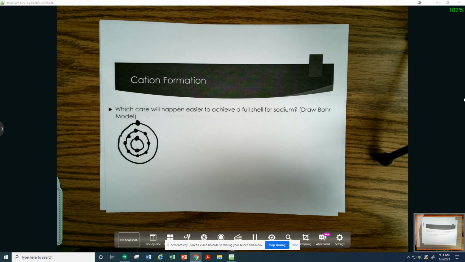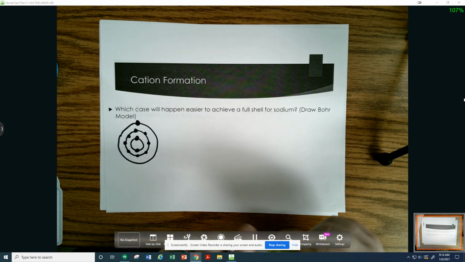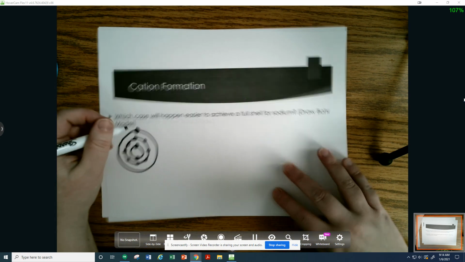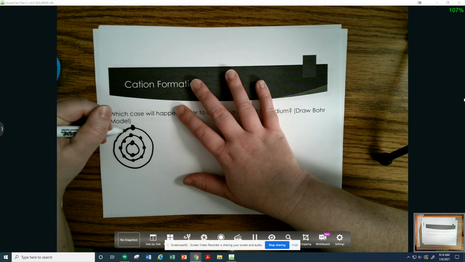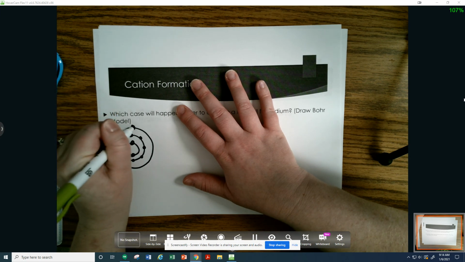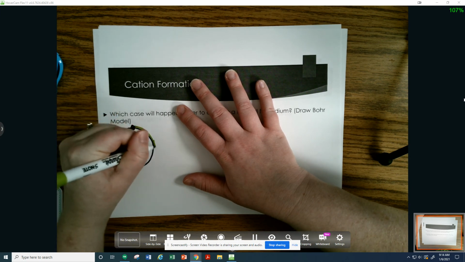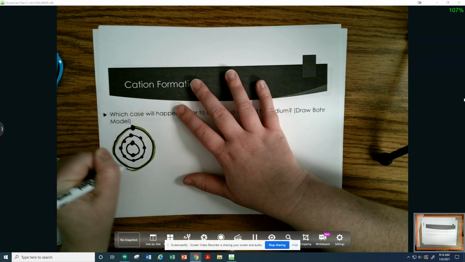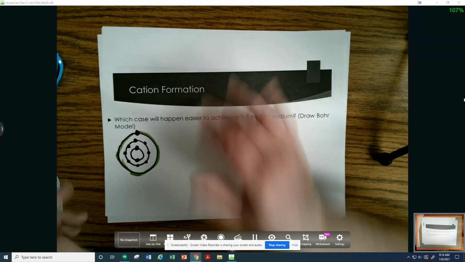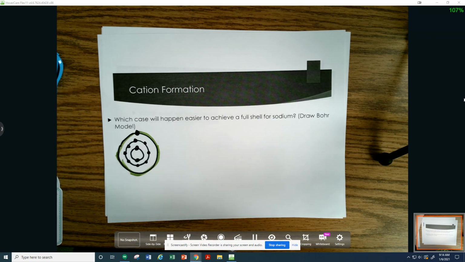For those of you that are new to having me as a teacher this semester, if you did Bohr models in the first semester, one little extra thing I like to do is highlight this outermost ring to indicate that this is our number of valence electrons. So we have 1 valence electron.